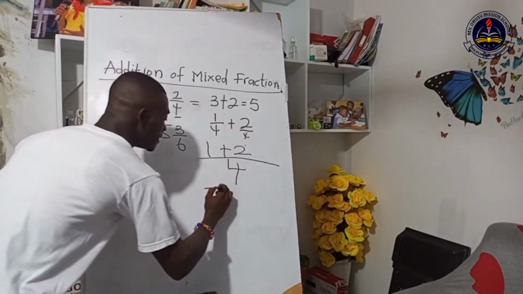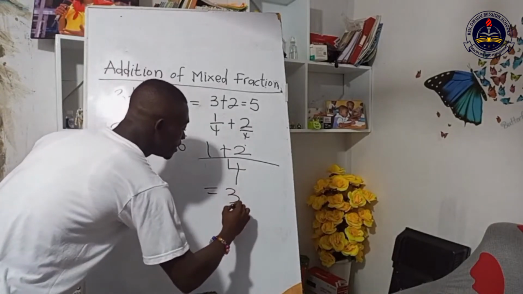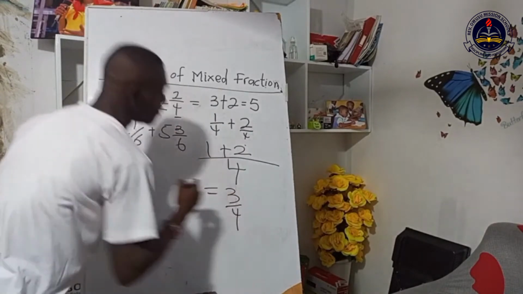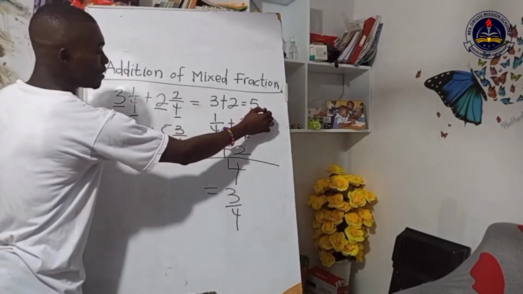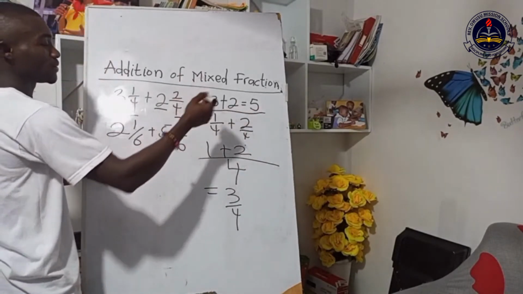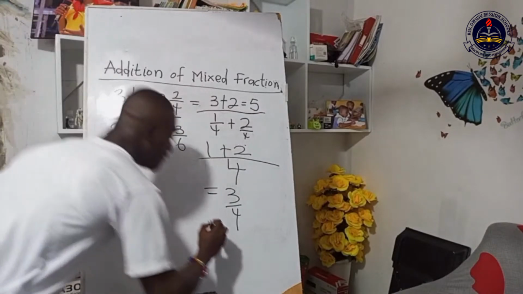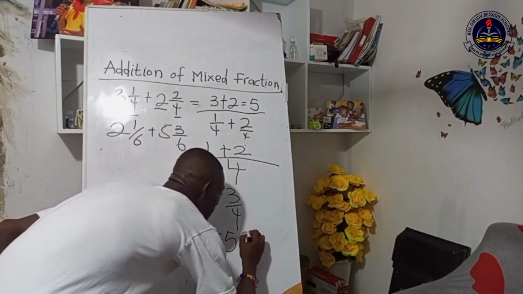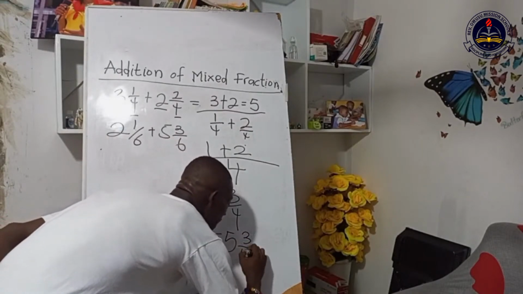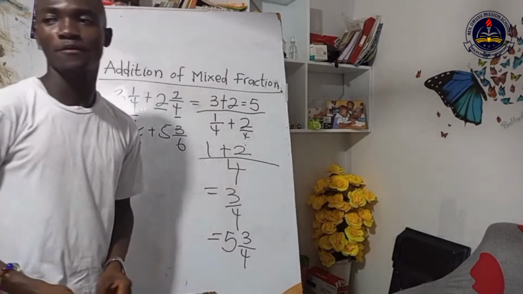So this is giving us 3 over 4. Now we bring our whole number that we added, which is 3 plus 2, giving us 5. So our final answer here is equal to 5 whole number 3 over 4.